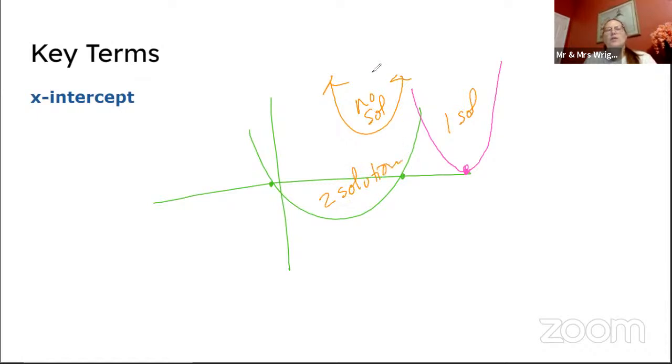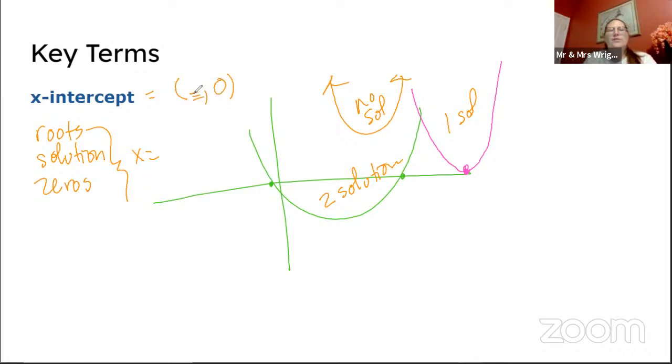Okay, so remember, where it crosses the x-axis is the solution, right? And another way to call these are roots, solutions, or zeros. And in these cases, you're going to say x equals, okay? But when you have an x-intercept, you're going to have it in an ordered pair, and your y will be 0.